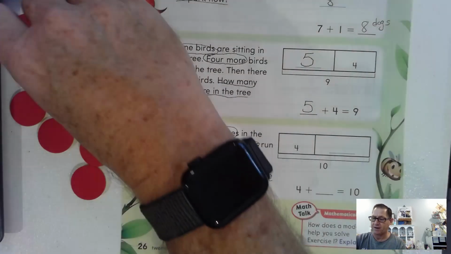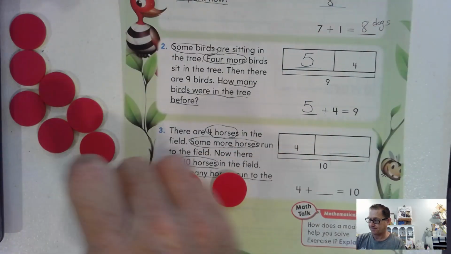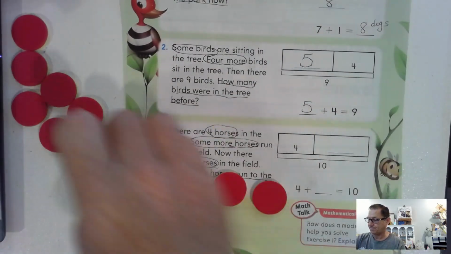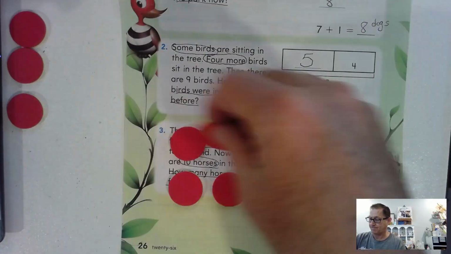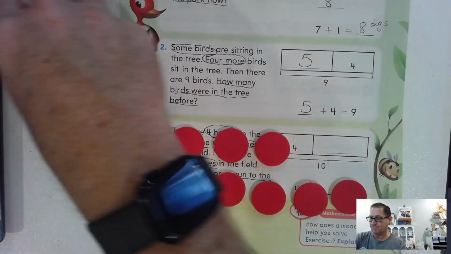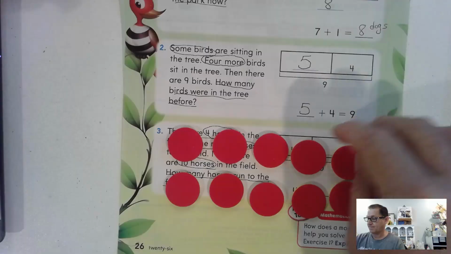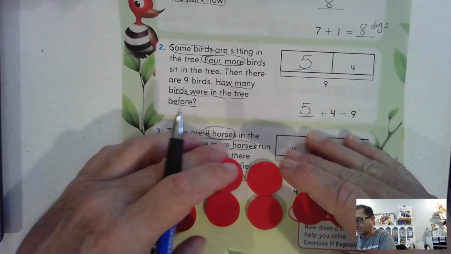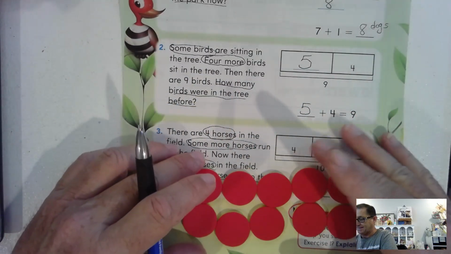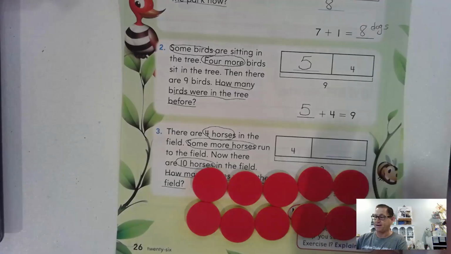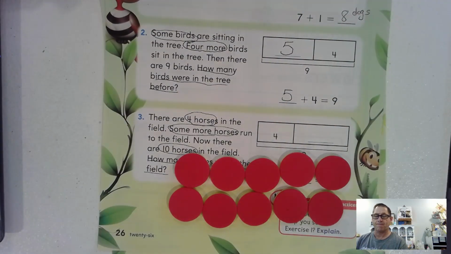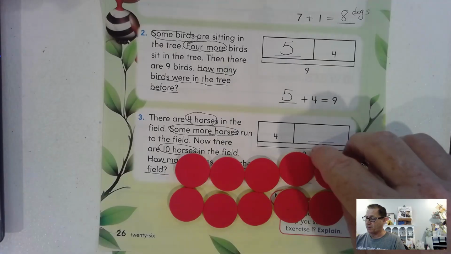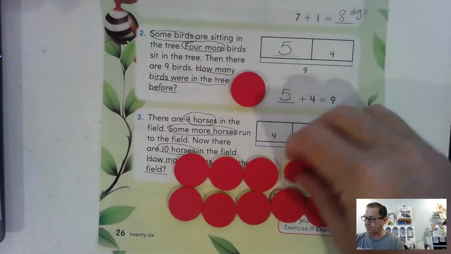So we could put out 10. Okay. So we have 10 total. That's how many is going to be there after the additional horses join. And we started with 4.